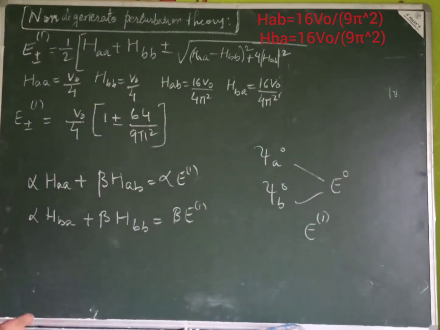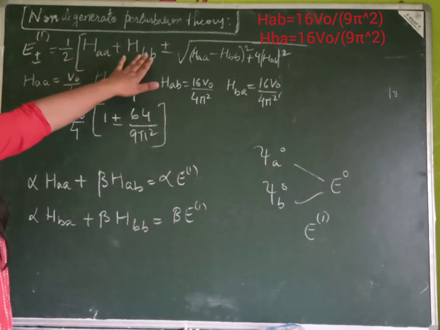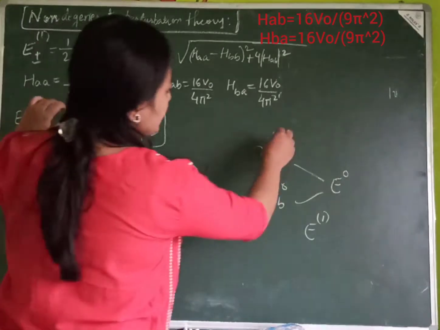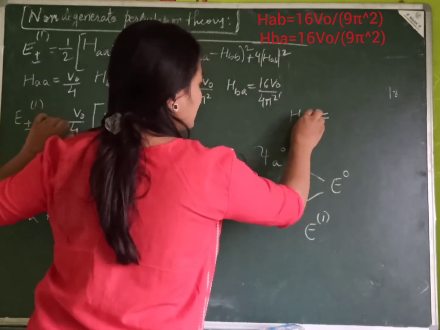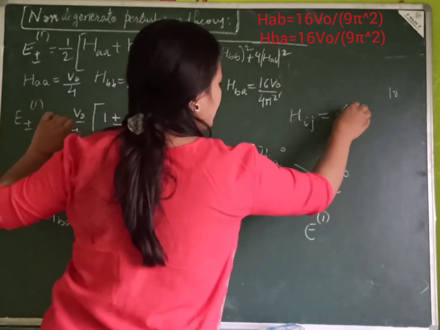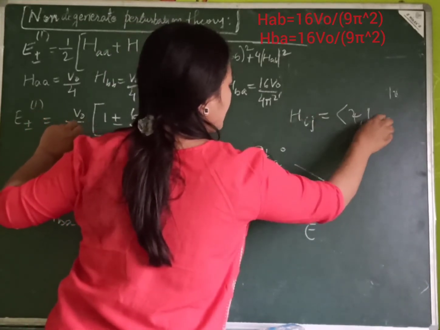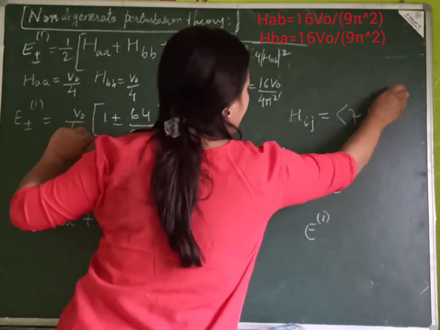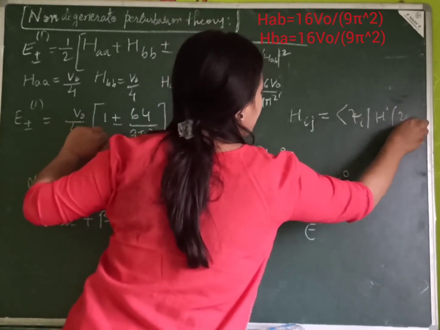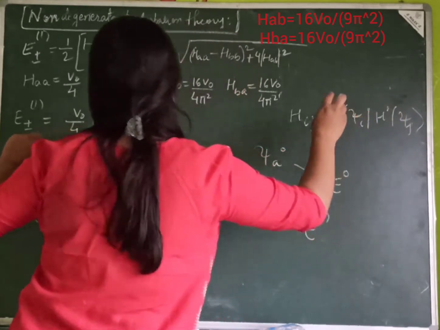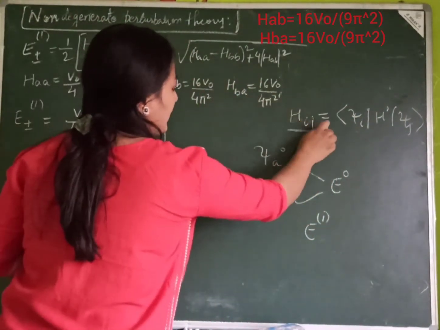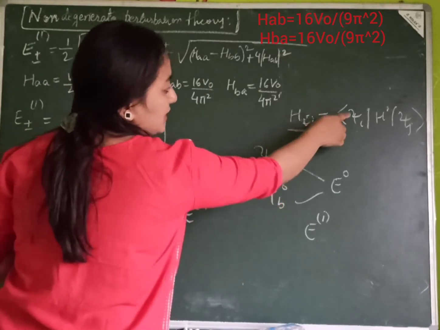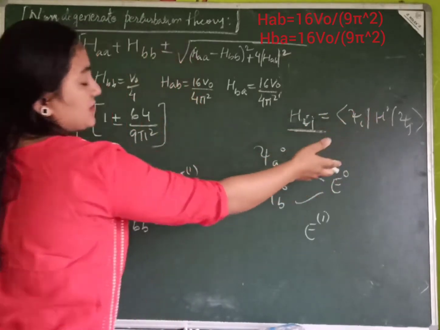The formula we came up with involves H_ij, given by psi_i, H prime, psi_j. The calculation is easy, since these are just expectation values.